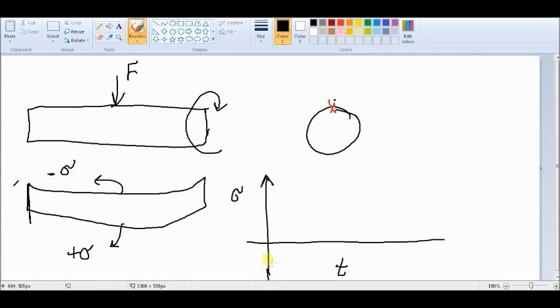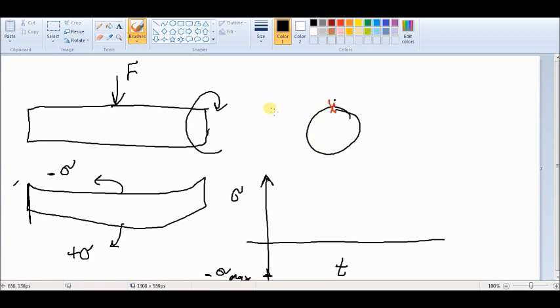At the beginning, before the shaft rotation starts, this point A is under compression, and the value is the negative maximum bending moment, but compression.